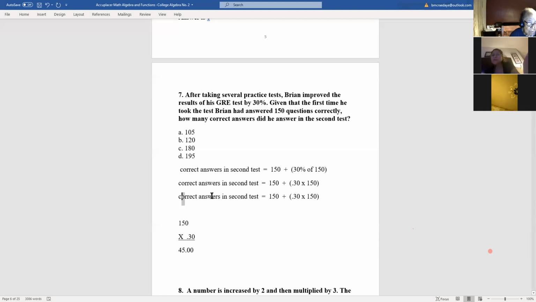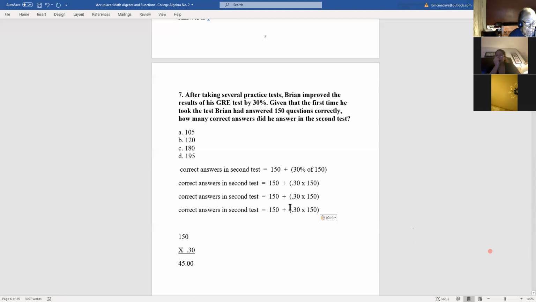So correct answers in the second test is going to be 150 plus 45. What's 150 plus 45? 195.